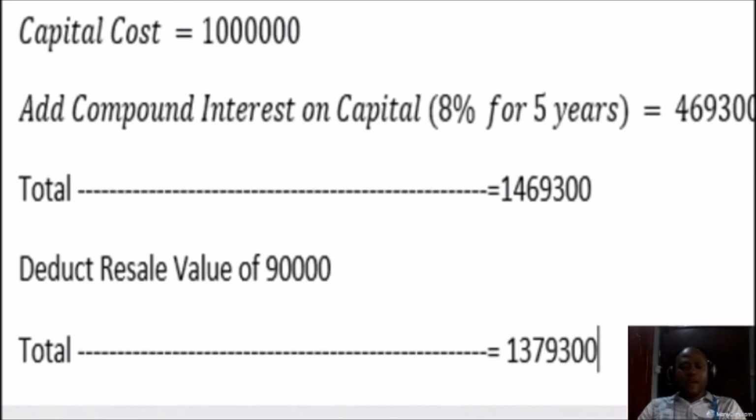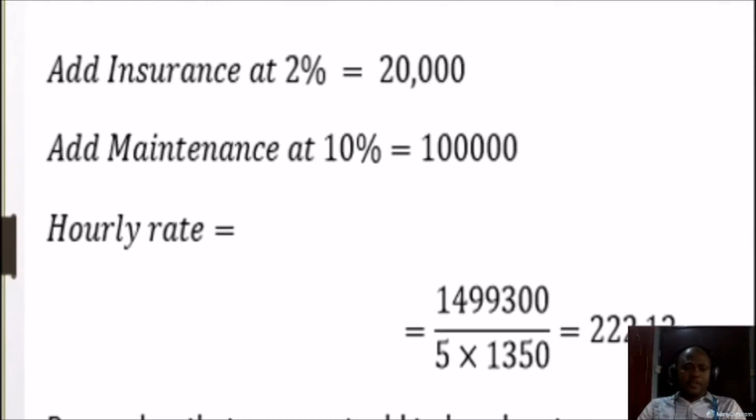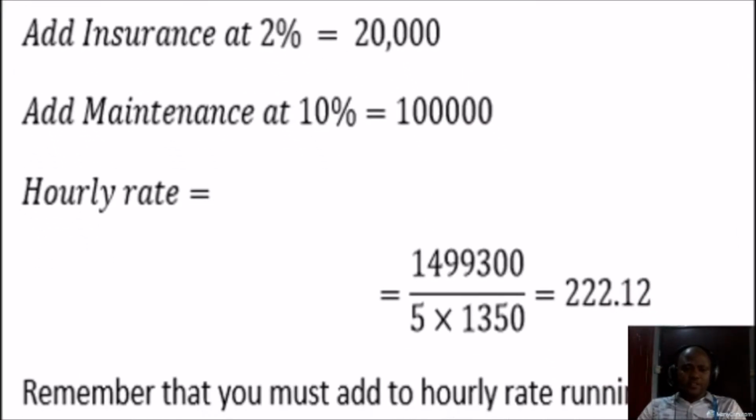Once we have this, next we consider insurance. Insurance of the capital cost of 1 million naira is 20,000. Maintenance at 10% of 1 million naira is 100,000. So now we calculate our hourly rate.